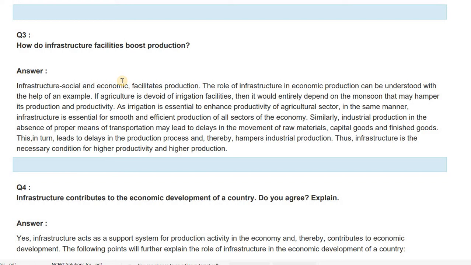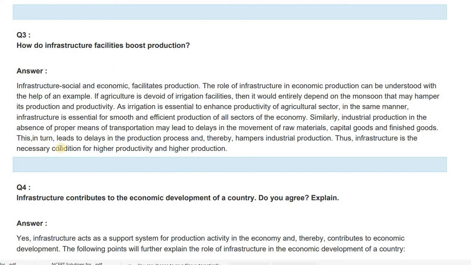They need to transport finished goods and capital goods. Then if transportation facility is not there, it will badly affect industrial production. Okay. Thus, infrastructure is the necessary condition for higher productivity and higher production.